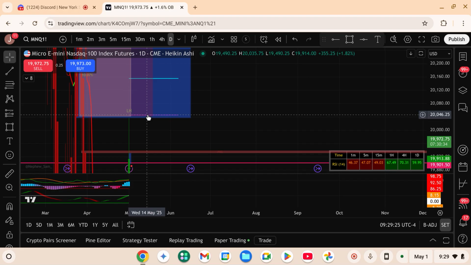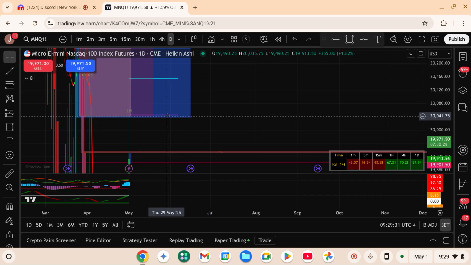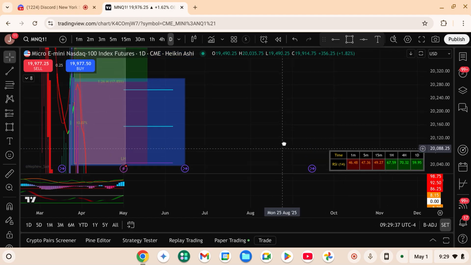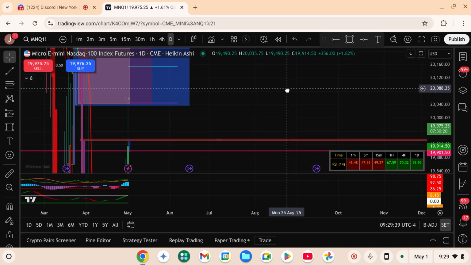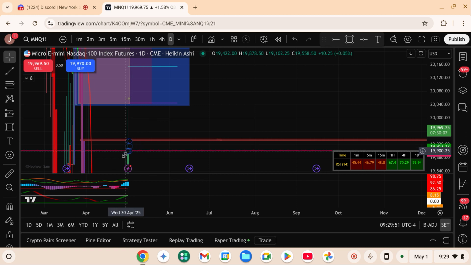This 20,046, or it could take that out and then just tank from there. And they haven't taken this gap out, this daily time frame bearish gap. They haven't filled it completely.